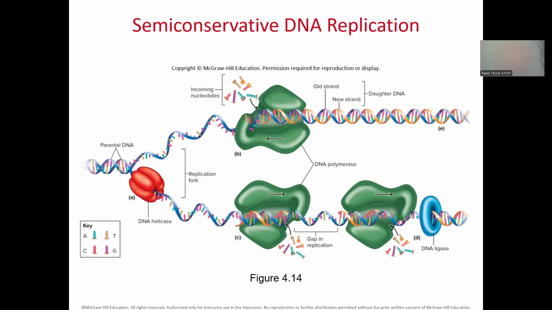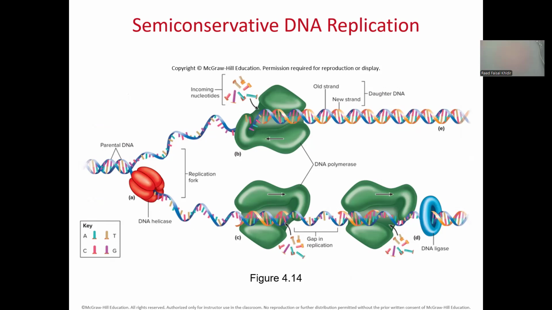But since the two DNA strands are anti-parallel, one of the two sides is going to be lagging. One of the two sides is going to be making fragments that must be glued up, ligated with glue. That's the enzyme known as DNA ligase.